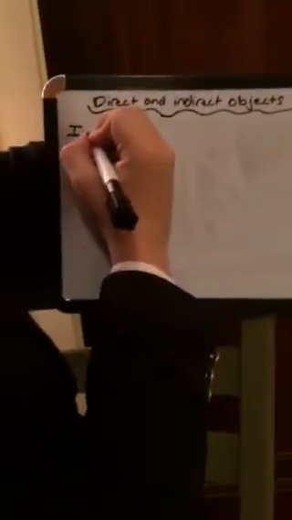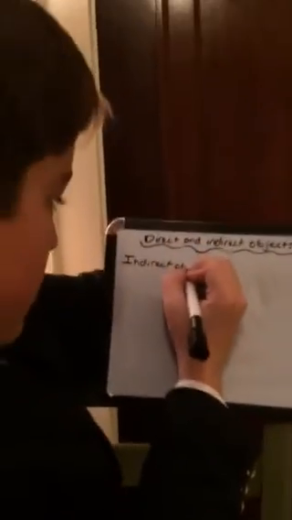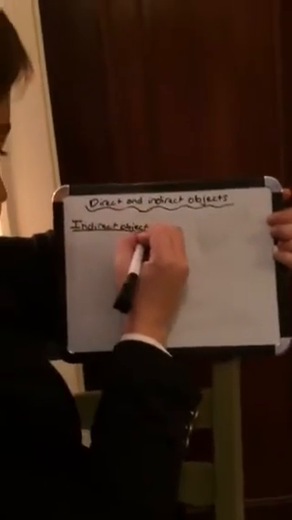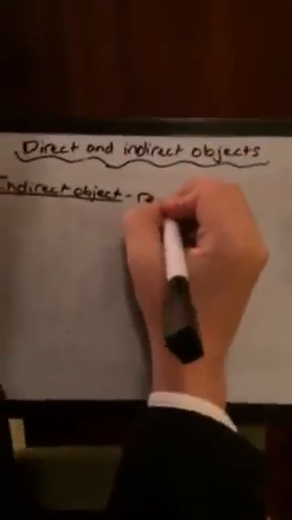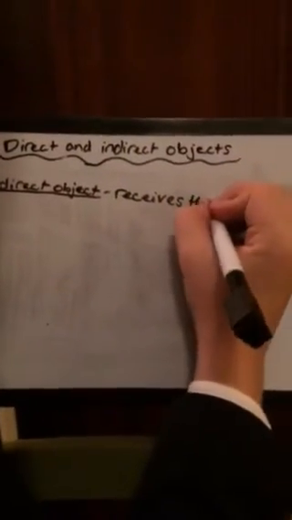Like I was saying, an indirect object is very rare. And to find an indirect object, you have to have a direct object in your sentence. Now, an indirect object receives the direct object.